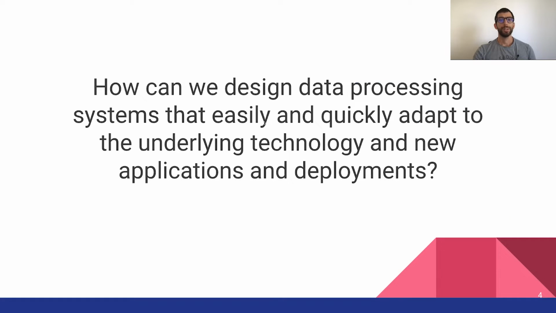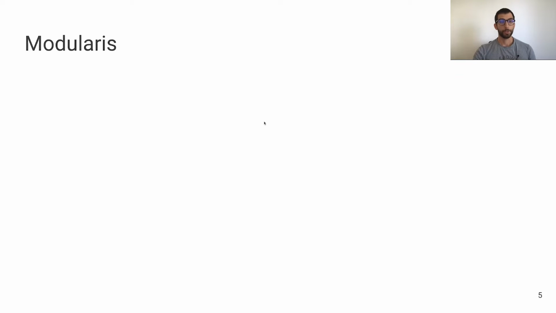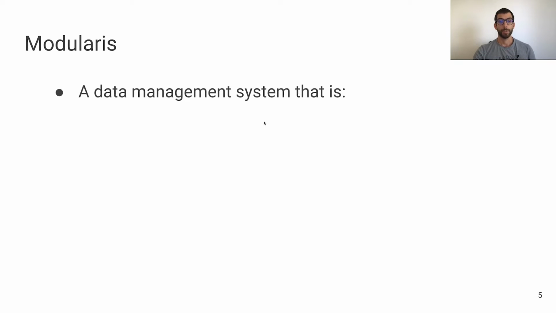As the current approach clearly is not optimized with the landscape of growth that data analytics experience, a natural research question arises. How can we design data processing systems that easily and quickly adapt to the underlying technology and new applications and deployments? To answer this question, we built a system called Modularis. Modularis is a data management system that is built around small building blocks.